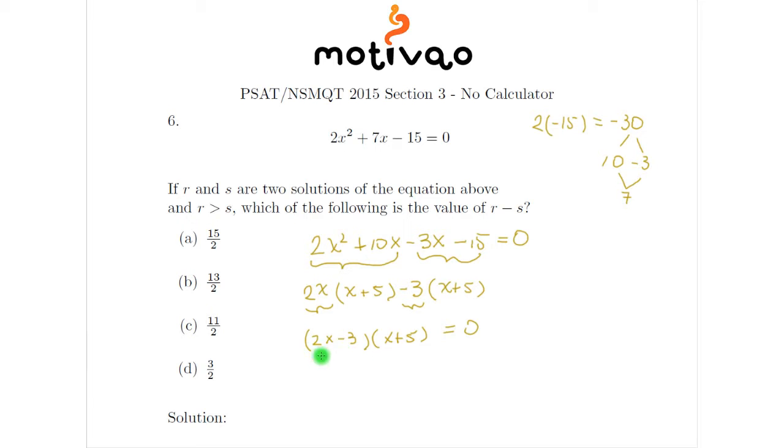So when is this factor equal to 0 and when is this factor equal to 0? Well, when each of them is 0. So we have 2x minus 3 equal to 0, and x plus 5 also equal to 0.